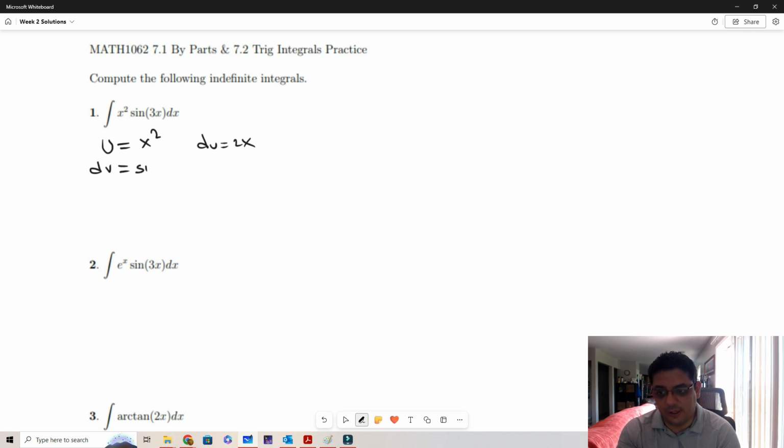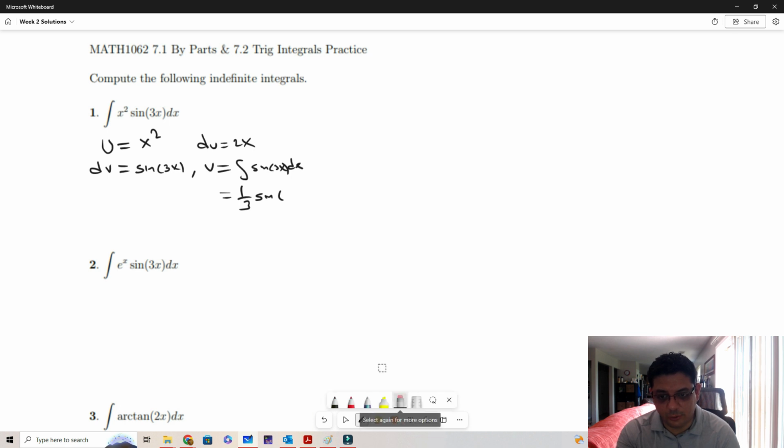Now, if we do dv equals sine of 3x, then v is going to be the integral of sine of 3x dx, which will be minus 1 over 3 cosine of 3x.